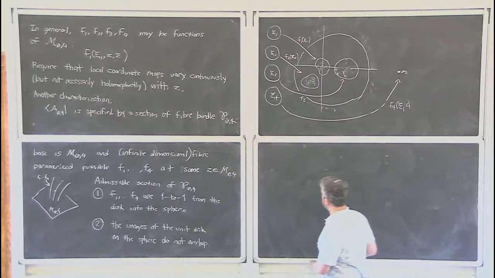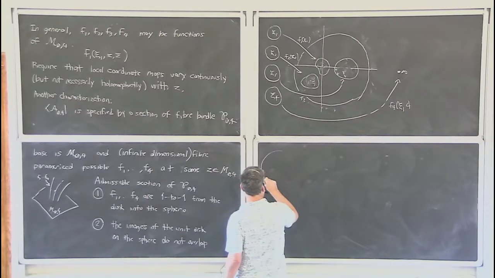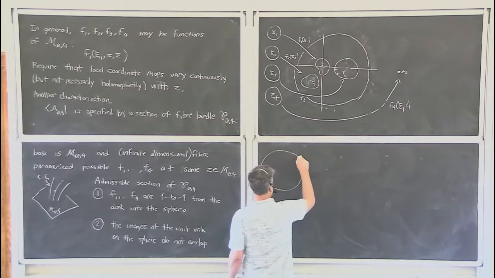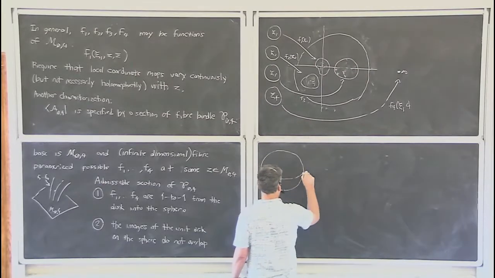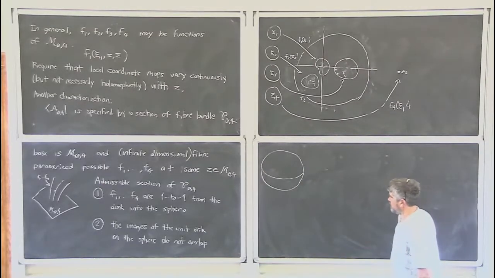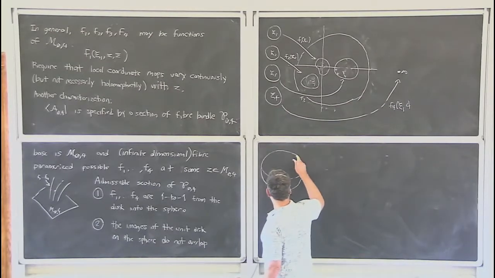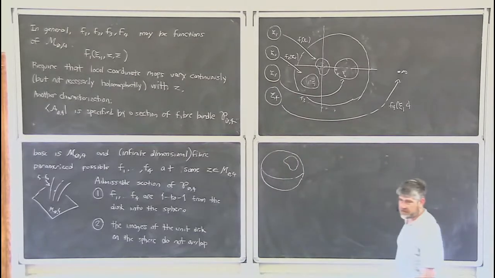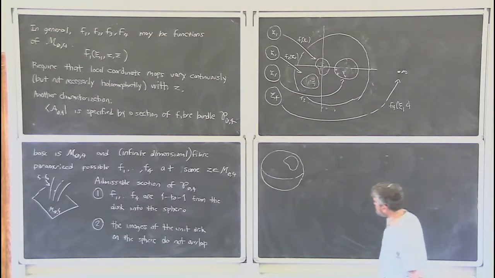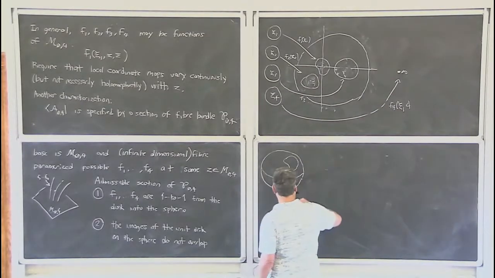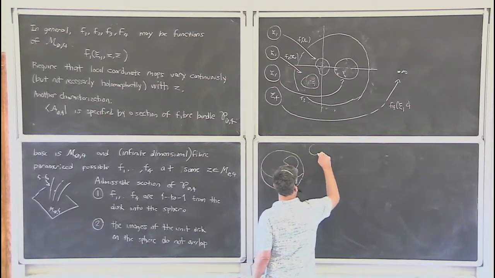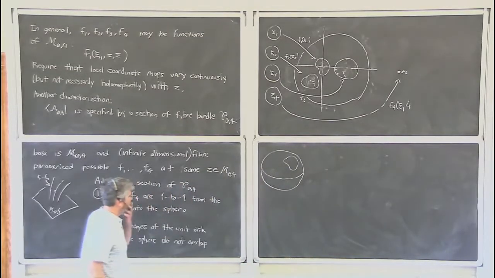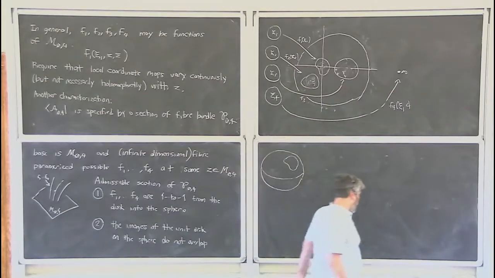So we're looking at some correlation function on the sphere. Let's just draw the sphere as a sphere, and then we have some state which is inserted on the sphere through embedding its unit disk in some region on the sphere.